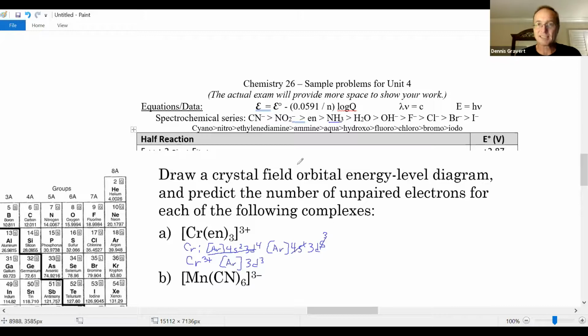Okay. How many groups are on there? Ene, ethylene diamine, is bidentate. Remember, it bites twice. It has 2 groups. So I know it's 3 molecules, but what's its coordination number? It's bidentate. It bites twice. Each ene makes 2 covalent bonds, and if there's 3 of them, it's got a coordination number of 6.